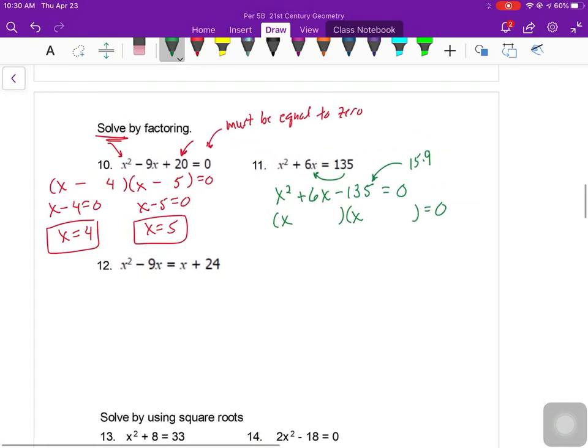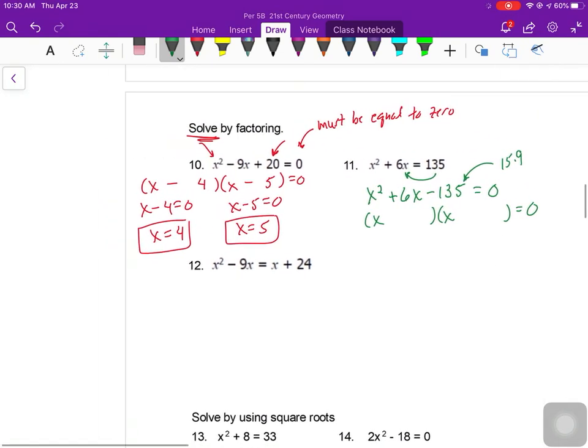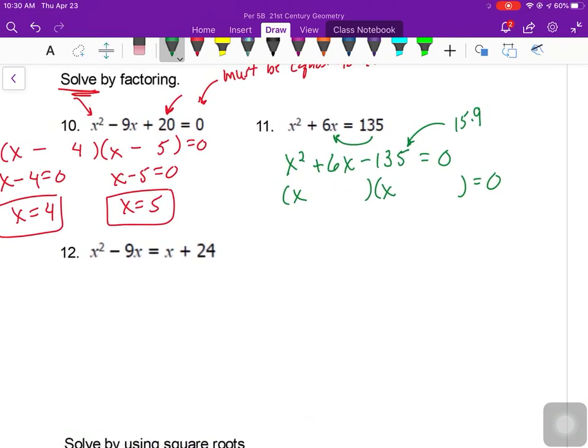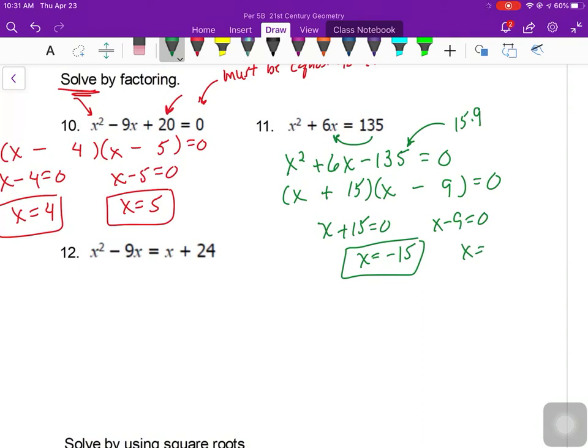I'll put the 15 here and the 9 here. I need a positive in the middle, so I'll put positive 15 and negative 9. We set each of those factors equal to 0. We end up with x equals negative 15 and x equals positive 9.